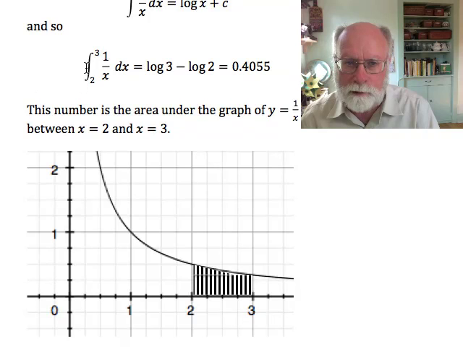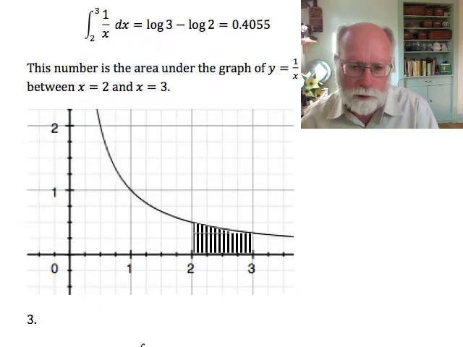So this integral is evaluating the area of that region. And that area we calculated as 0.4, and we can see it's an area of width about 1. The left side is 1/2 and the right side is 0.33. So that's a reasonable number to get for the area of that region. So each definite integral is calculating an area of some region.